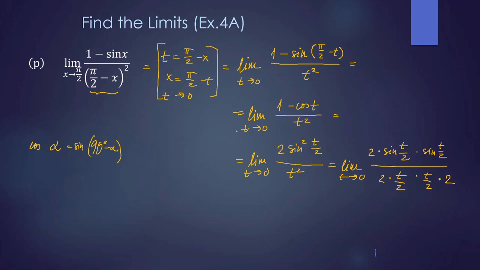Again, of course, we could multiply by 1 plus cosine t. We could use the previous method, which is what many people actually prefer. So I could multiply by 1 plus cosine t by 1 plus cosine t. That's a different method altogether.